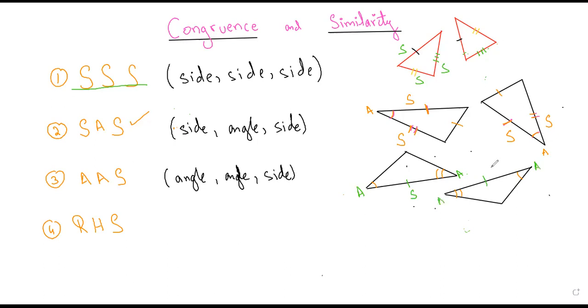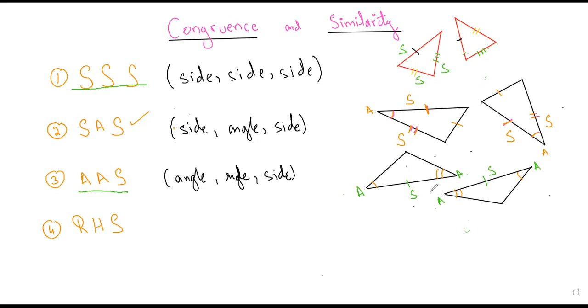Angle, angle, side is telling us that if two angles in two different triangles are the same, obviously the third one would also be the same because the sum of angles is 180. But that is not the thing. If three angles are the same, we are not sure if the triangles are congruent or similar, because if three angles are the same, that is a proof for similarity.